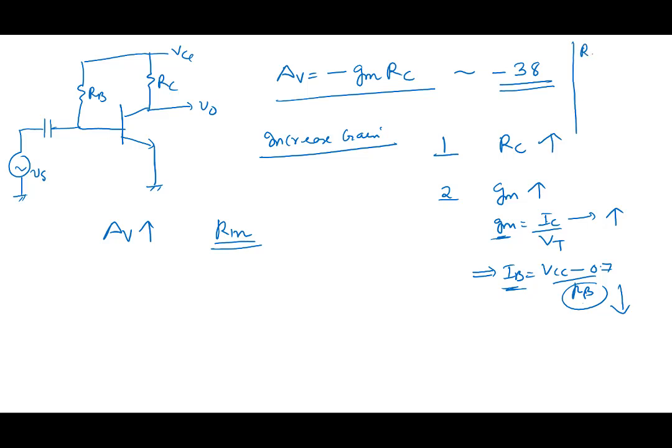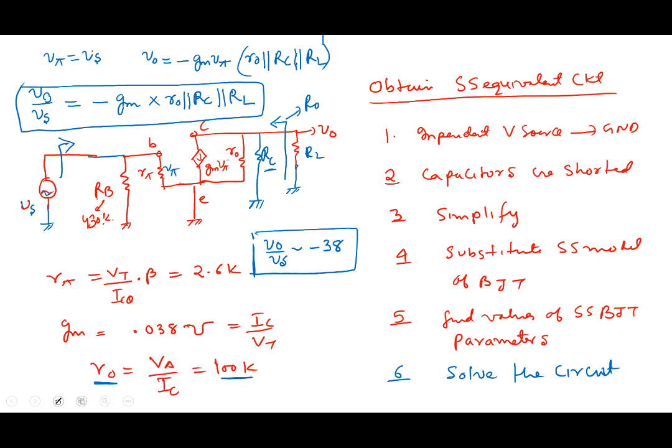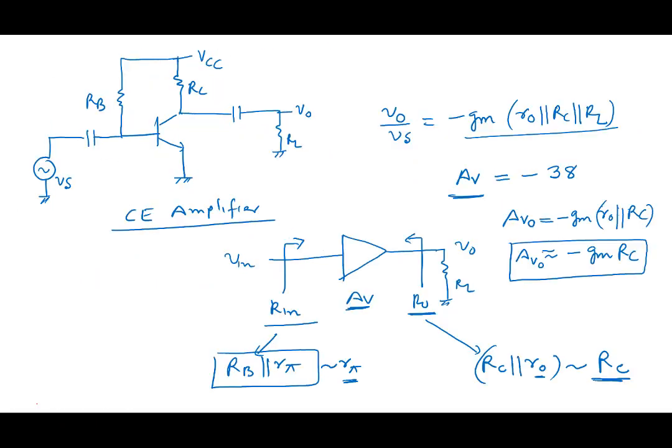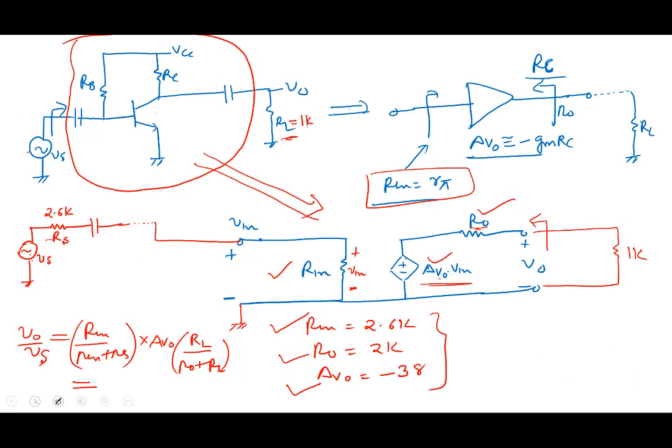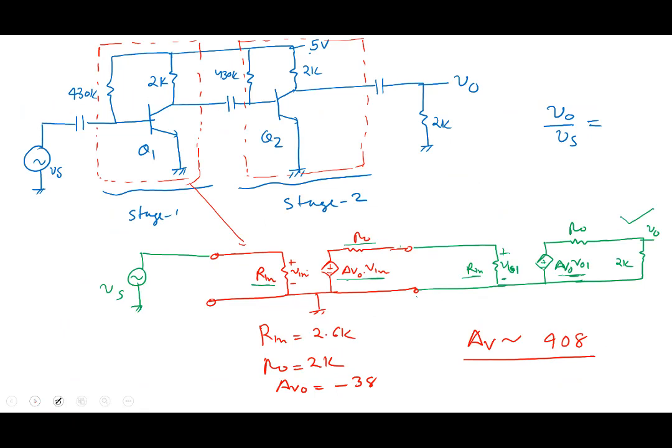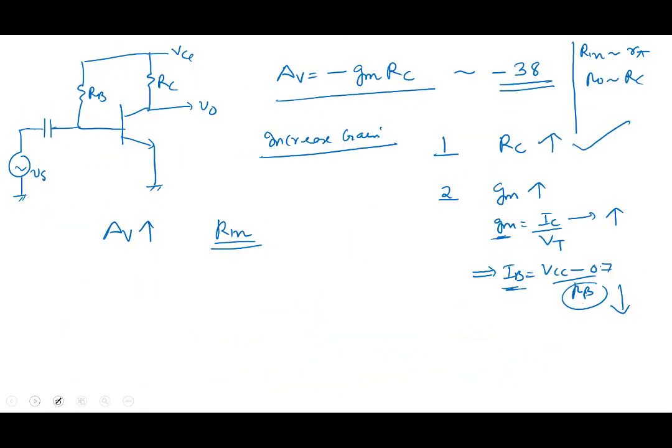So Rn was approximately equal to R pi only, and R0 was RC. Is there any change in Rn when you employ the first strategy?